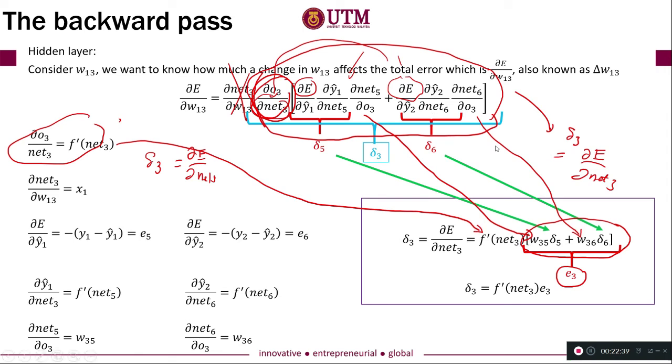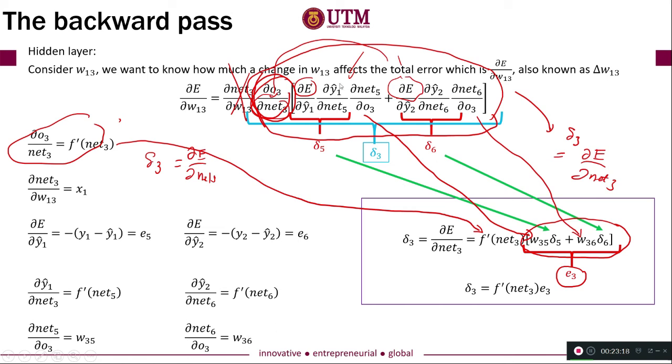So now from this big expression, to find your delta 3, which is del E over del net 3, it is this one inside this circle, and from the components inside this circle, you know that this is actually delta 5, this is actually delta 6, and this one can be defined as W36 here.